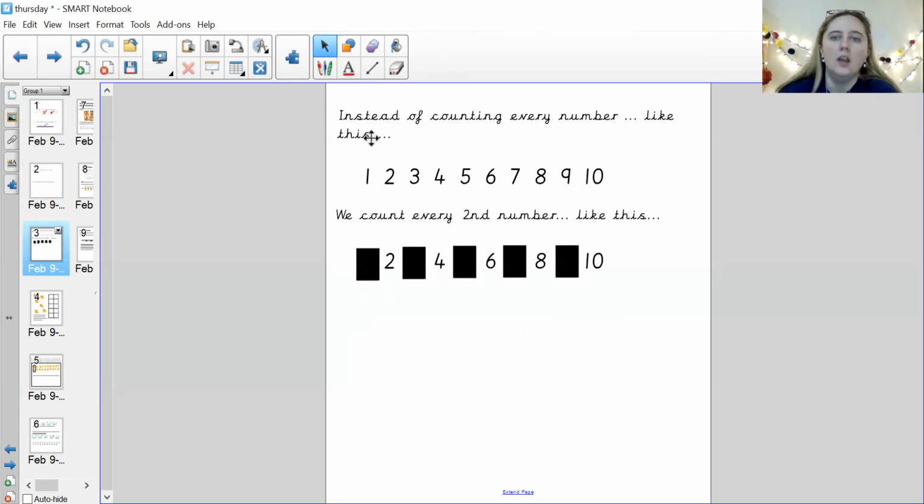Well, so instead of counting every number like this, count with me. 1, 3, 10. Well done. We count every second number like this.